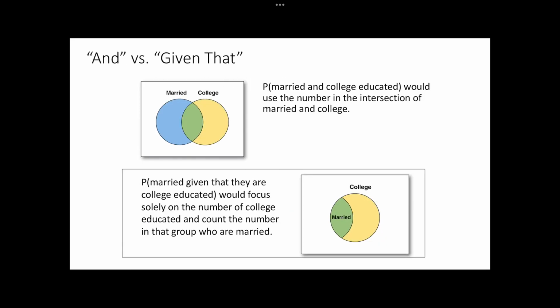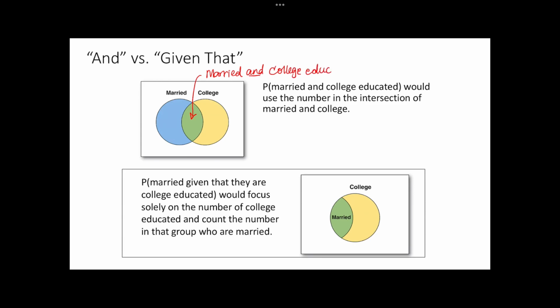Now, this is different than looking at the probability that someone is married and college educated. That's going to be the number in the intersection of married and college. That's this green shaded region here in my Venn diagram. So this is the married and college educated.